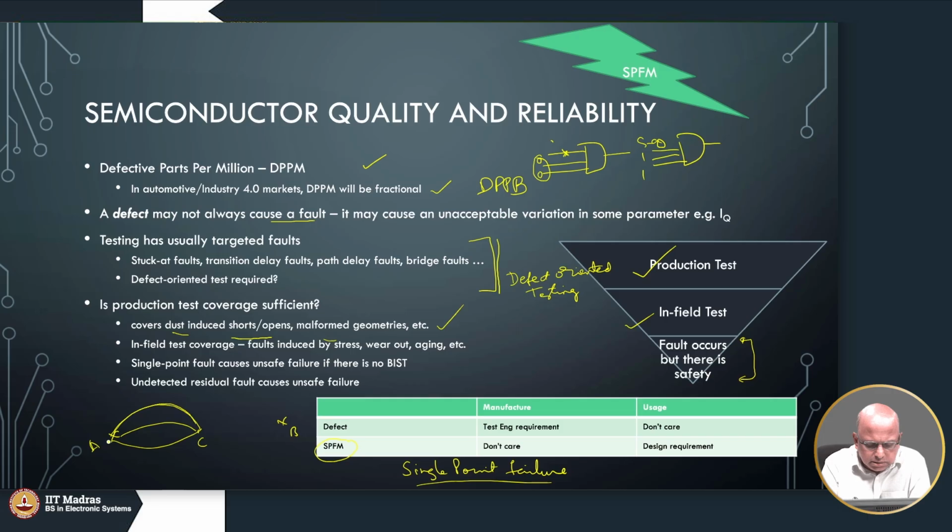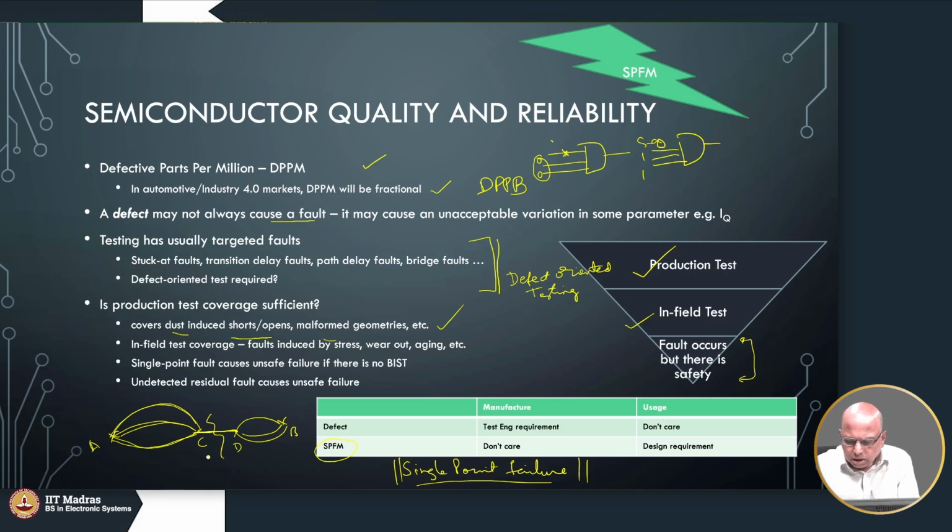Maybe these are bridges or flyovers, etc. Then there is a D, and from D you can go in many ways. But between C to D there is only one connectivity. It may be a bridge or something like that. See, this is very vulnerable. If this fails, nobody can go from A to B or B to A. So that is what is a single point failure. So failure of CD is a big problem.